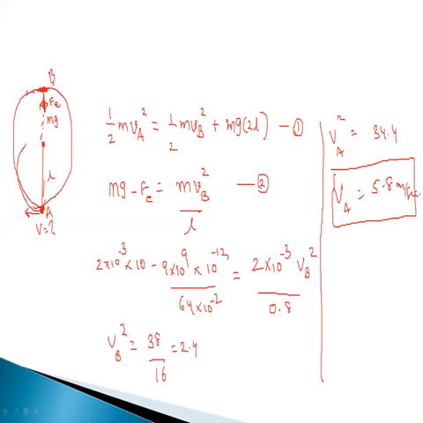And in the same way, for the rotation with tension zero there, the difference of the two forces, gravitational and electrostatic force, causes the centripetal force. So that is the second equation, and if you substitute the given values, first we get vB, then finally we get vA, which is equal to 5.8 meter per second.